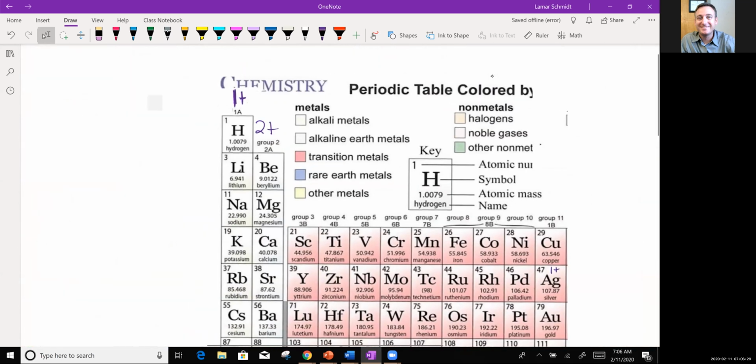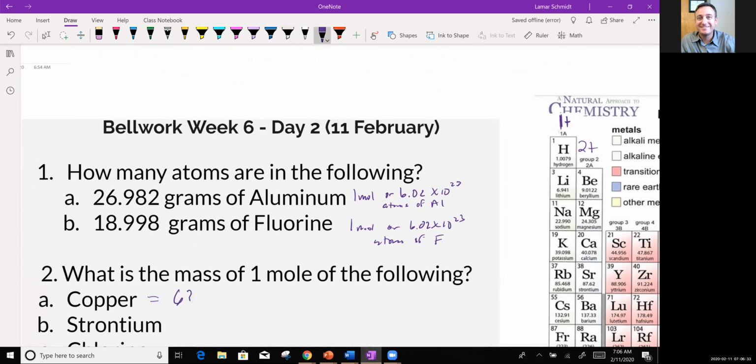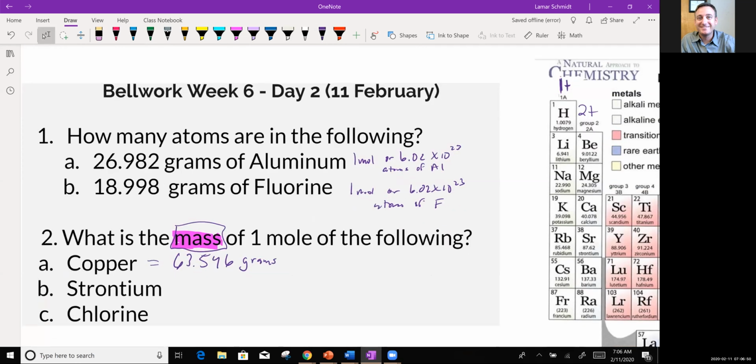So our answer is going to be 63.546. And what is the unit of mass? It's very important that we make sure we express our answers with the correct unit. And the unit of mass is grams.